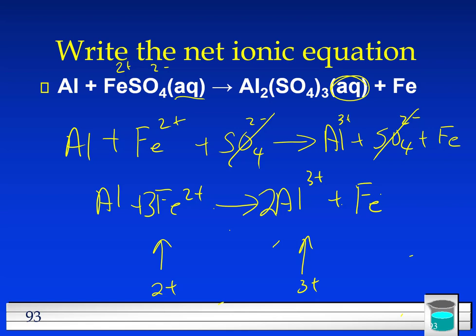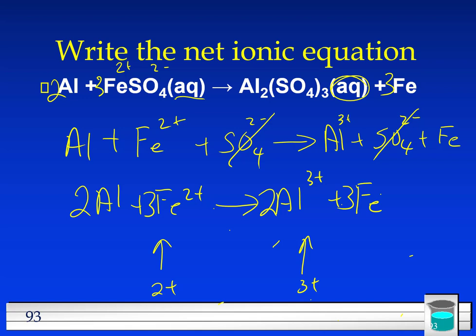But that means I'll have to balance the mass now by putting a 2 in front of aluminum and a 3 in front of iron. So now my left-hand side is 6 plus and my right-hand side is 6 plus. It's the same charge. Now, those numbers are not random. If I went back up to the top and balanced the original equation, that's what I'd have, right?